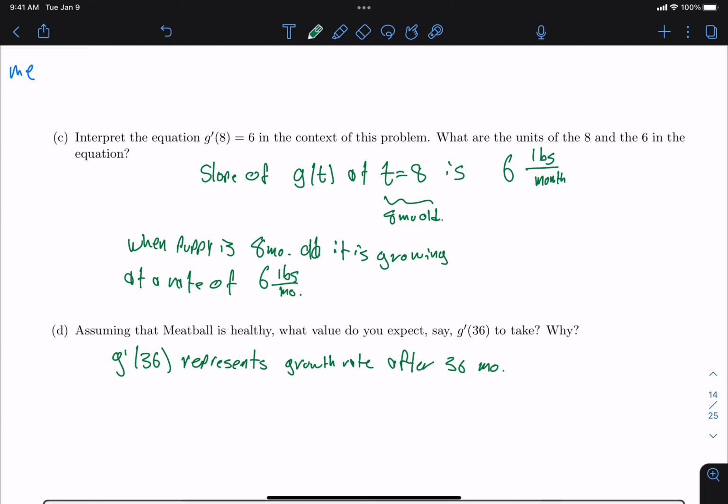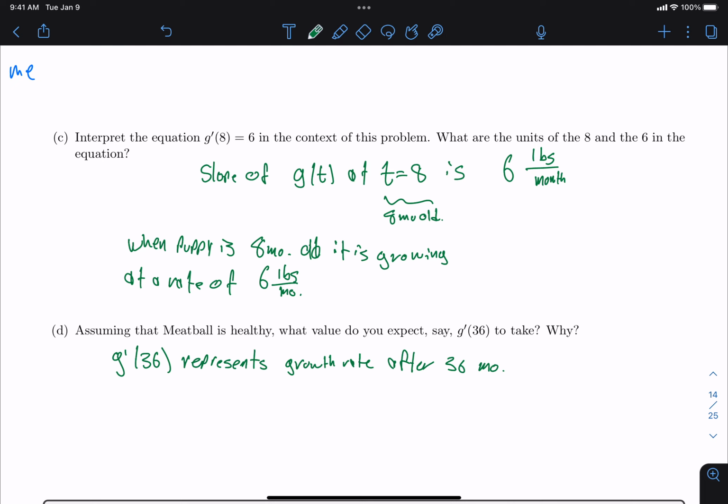What do you think? In terms of the value, what do we expect it might take? Who's got a dog? Whose dog is older than 3 years old? Are they growing? No, and they're probably not losing weight, assuming that the dog is healthy, right?